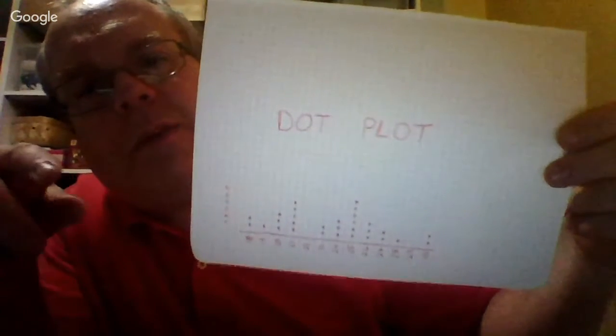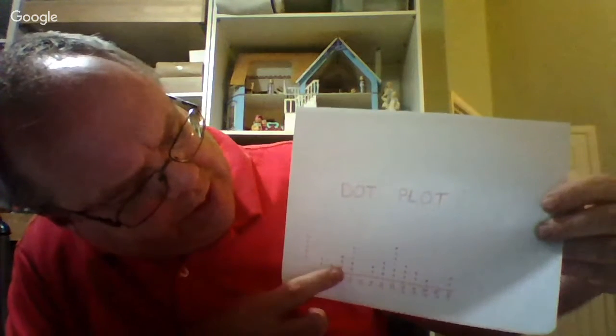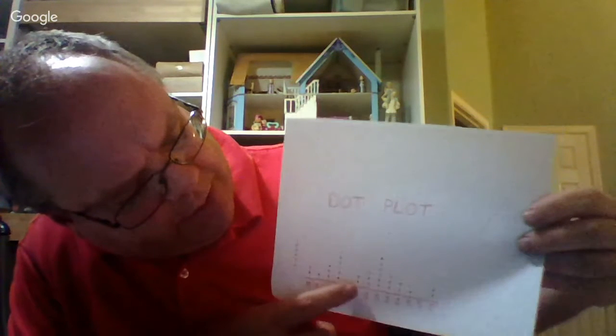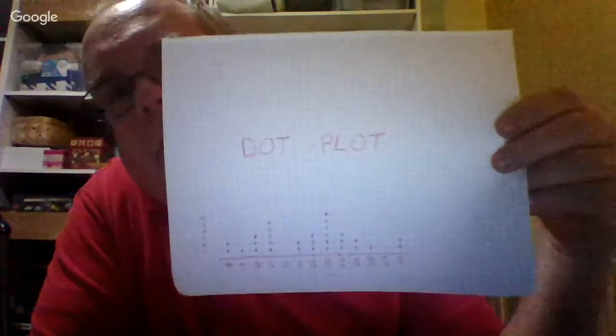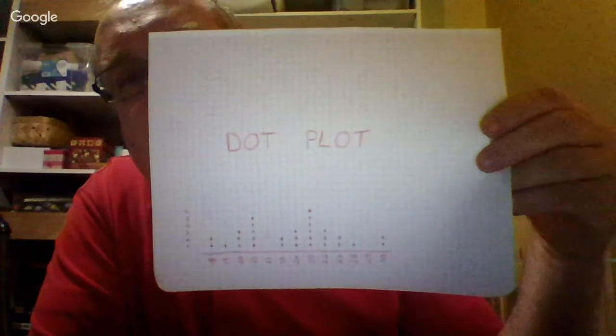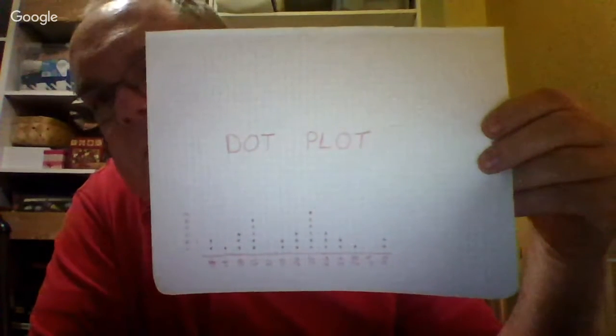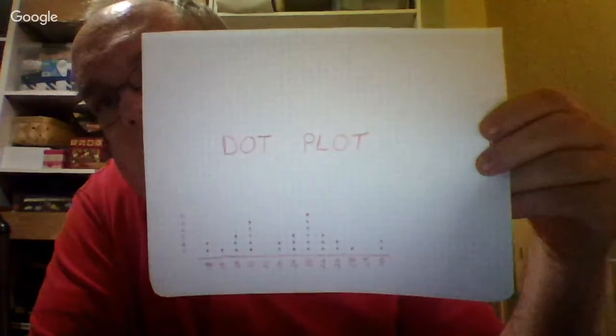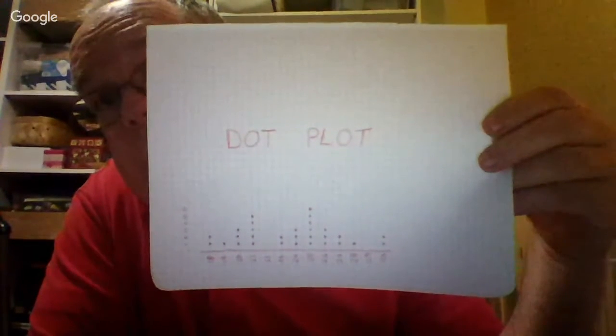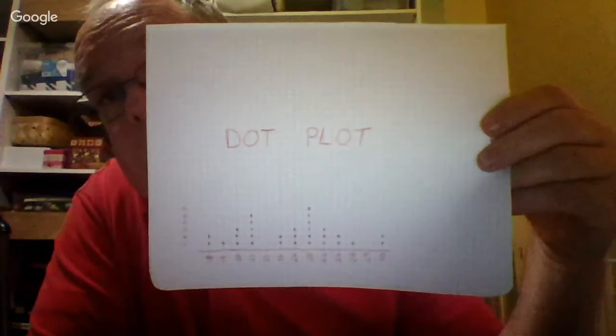So I'm going to start counting up the dots from the left. I've got 2, 3, 6, 7, 8, 9, 10, 11, 12, 13, 14, 15. So there are 15 data points that are smaller than or equal to 24. And by subtraction, there are also 15 data points that are larger than or equal to 24.